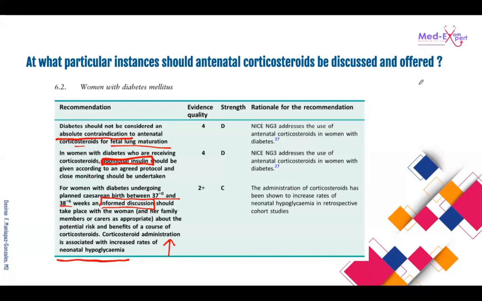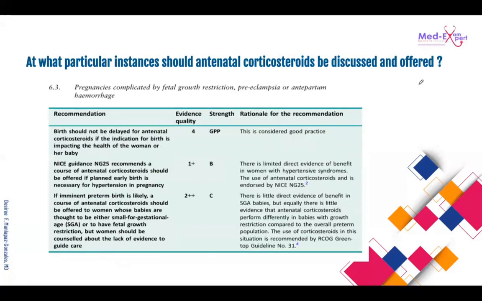Okay. So a while ago, somebody said that we should discuss and offer antenatal corticosteroids for twin pregnancy, patients with diabetes. They said for preeclampsia, fetal growth restriction, and antepartum hemorrhage. So remember, patients with fetal growth restriction, at risk of preeclampsia and antepartum hemorrhage, at risk of preterm birth, you should also give, okay?